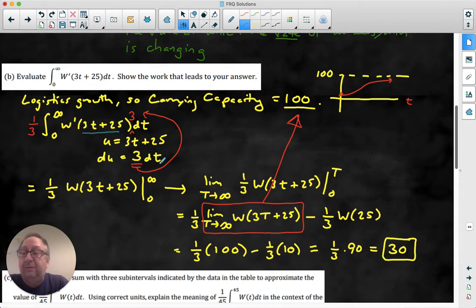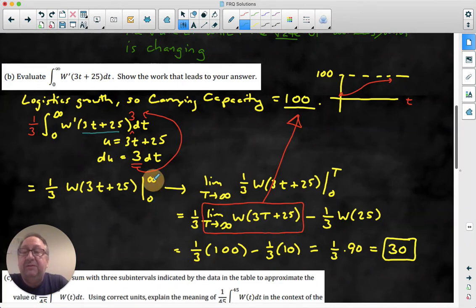But it's only off by a constant, so I went back and did the quicker method of needing the 3 dt. But if we put in a 3, I put a 1/3 out front. But the integral then, now that I have the 1/3 w prime of u du, would just be w of u. So we're left with 1/3 w of the 3t plus 25, and we're evaluating from 0 to infinity.